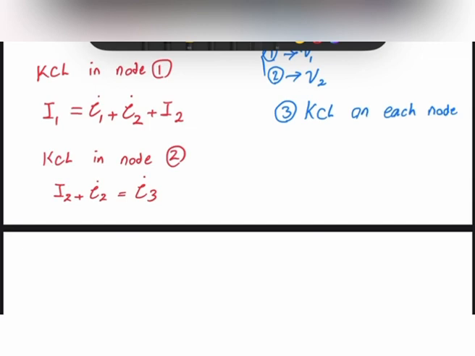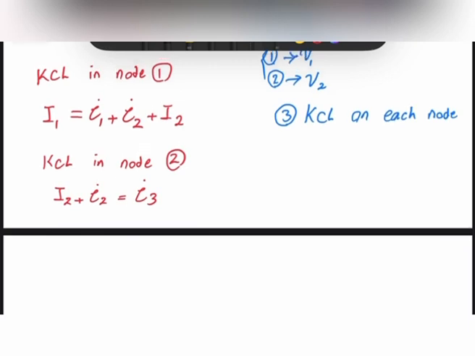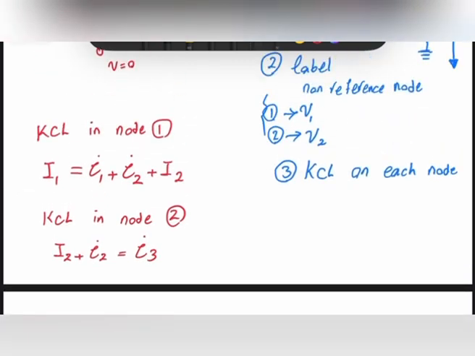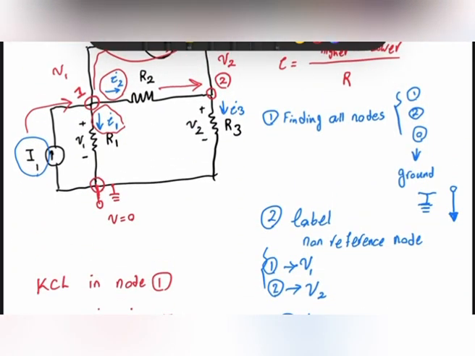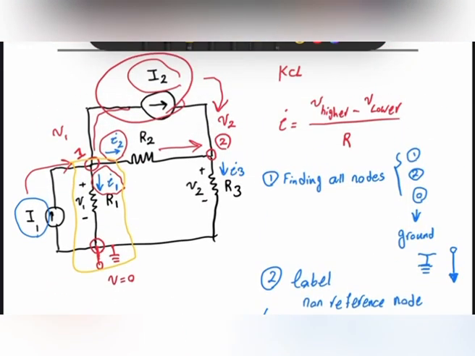Now, I'm going to write everything in terms of Ohm's law. I'm going to write the lowercase I1, I2, and I3 in terms of Ohm's law. So what is I1? If you look at I1 over here, I1 is nothing but the voltage difference, which is V1 minus V0, because according to this definition, the current goes from the higher voltage to the lower voltage.